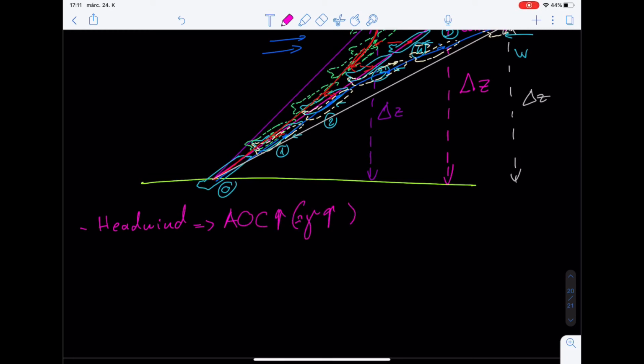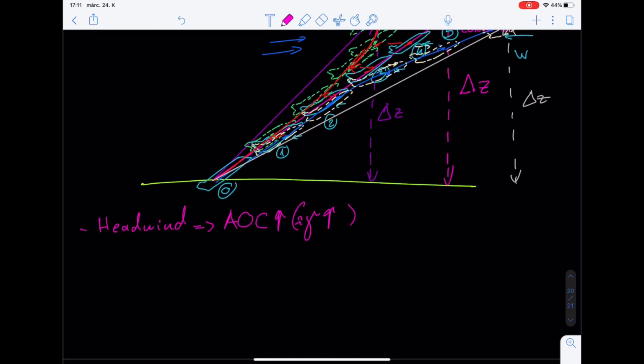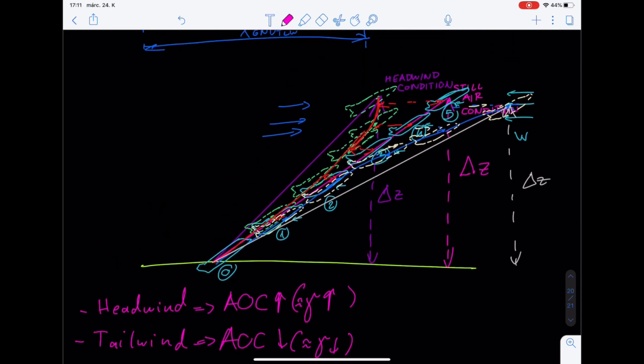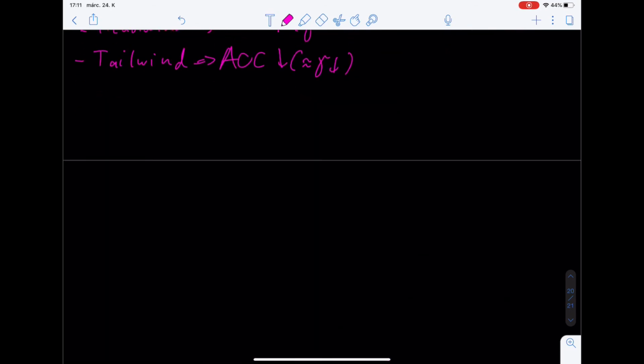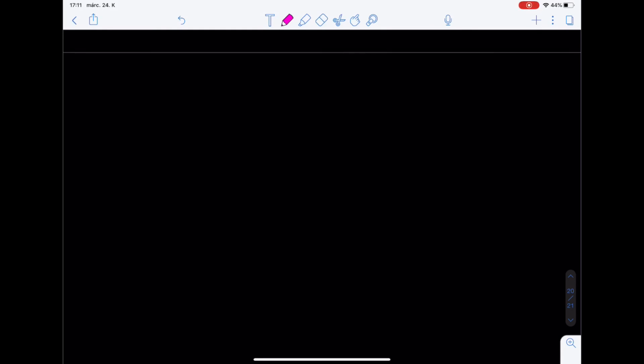This is basically the same expression. And if you have a tailwind, your angle of climb is going to be reduced and your gamma is going to be reduced.